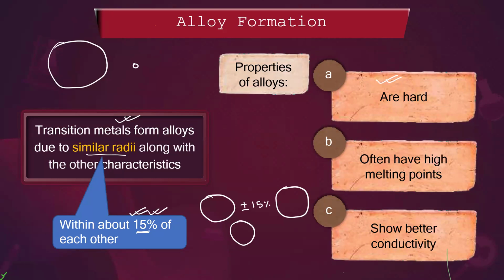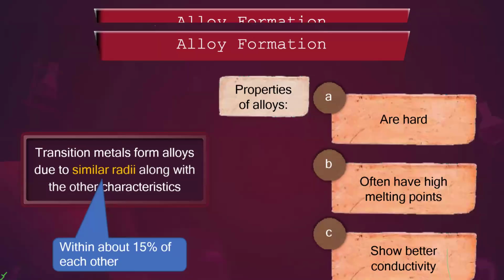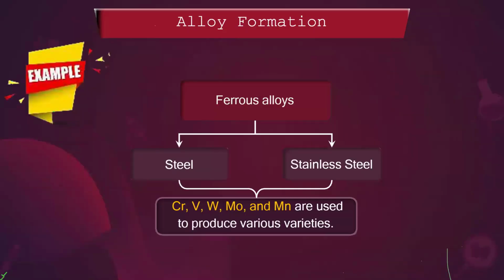Often they have a very high melting point; alloying increases the melting point. They show better conductivity and better electronic conduction. These are the properties that change. You know alloys like brass and bronze. Ferrous alloys, such as steel and stainless steel, are iron-containing alloys; ferrous alloy means they must have iron.